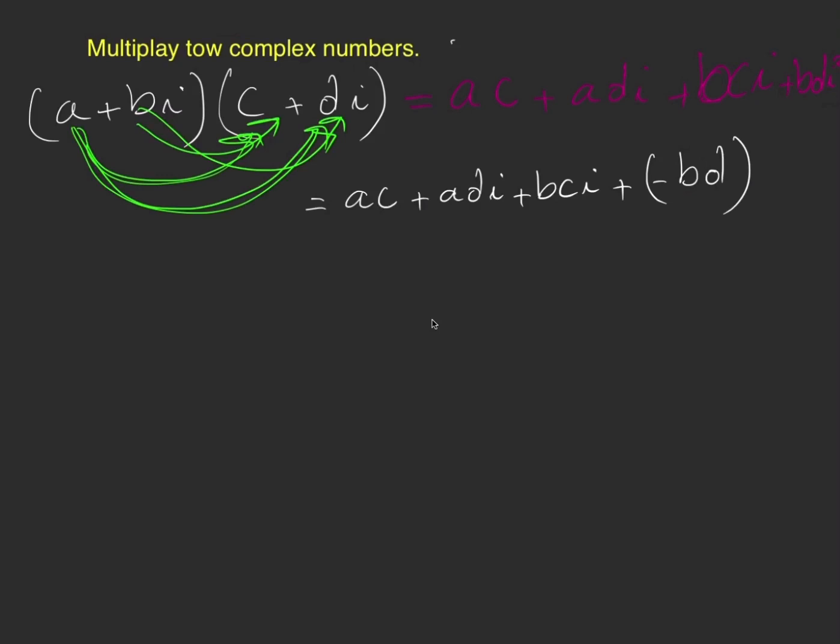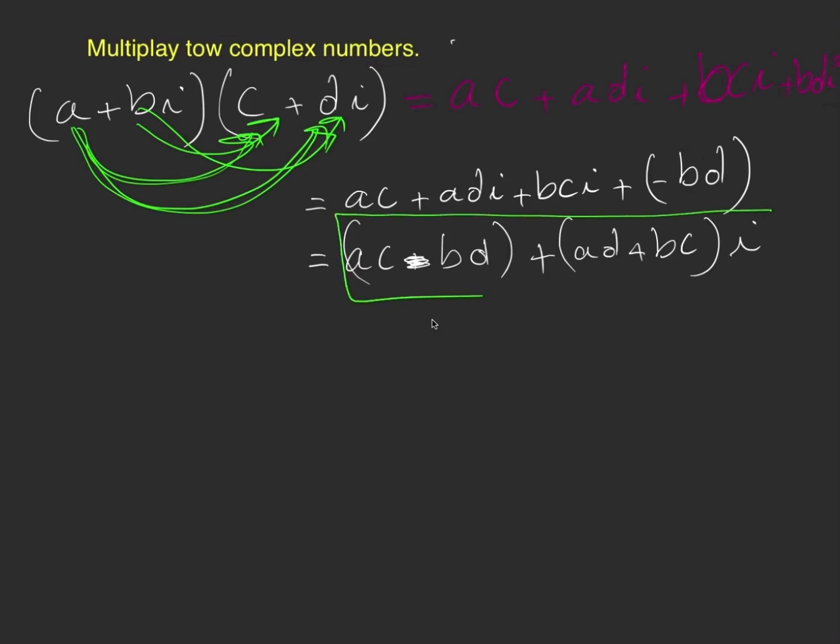So the answer for this one is going to be ac plus minus bd plus ad plus bc i, and this relationship is always true.